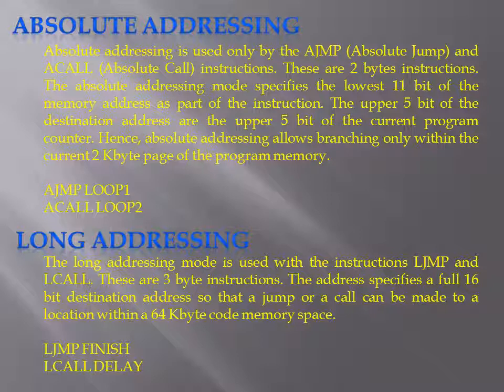Now we have absolute addressing. In absolute addressing, we have absolute jumps or absolute calls, such as AJMP loop and ACALL loop. These work inside the 2K byte program memory.